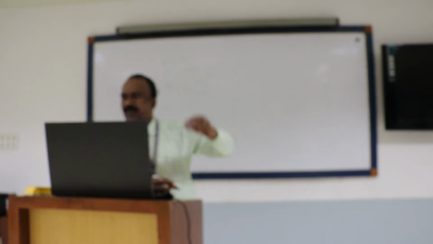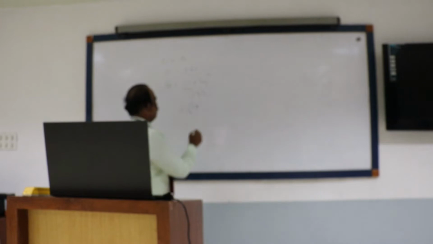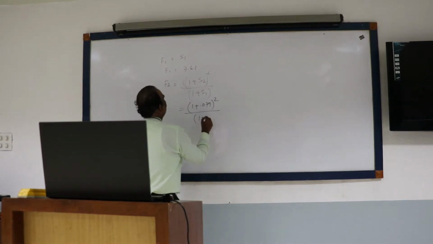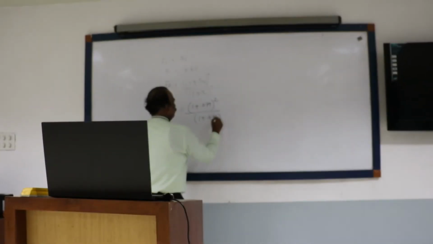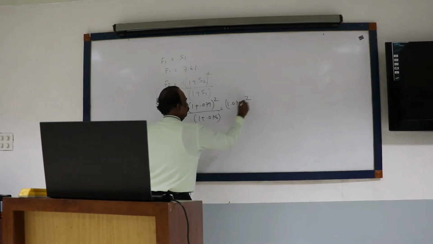So this is how the calculation goes. So the F2 will be 1.079 power 2 whole divided by 1.076.